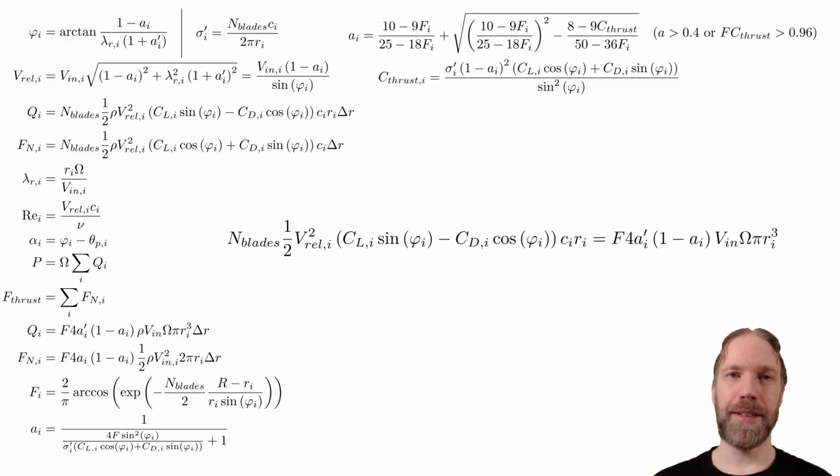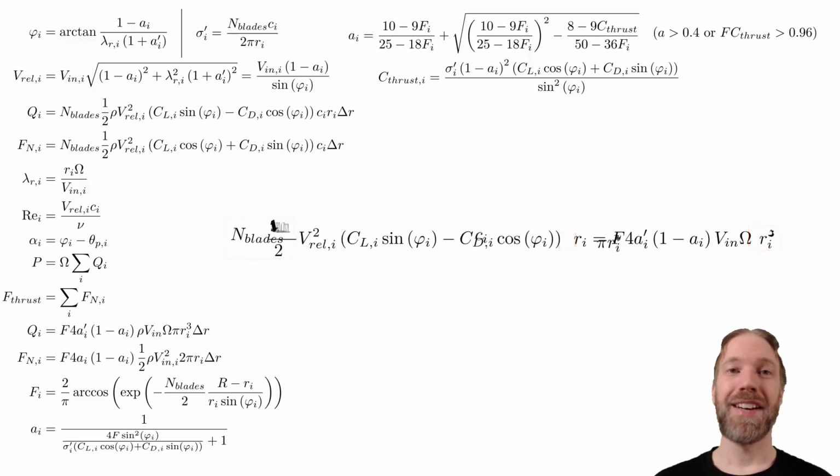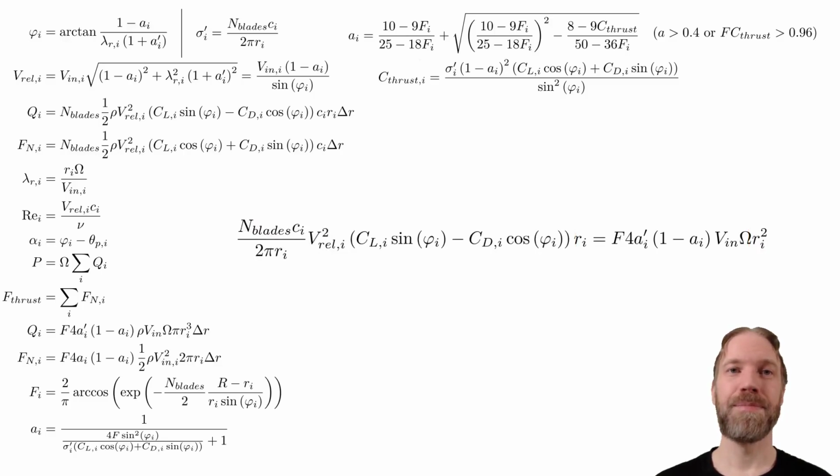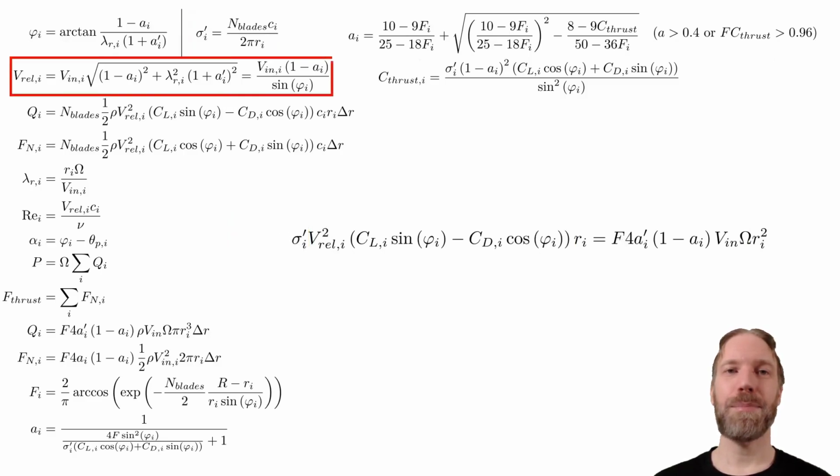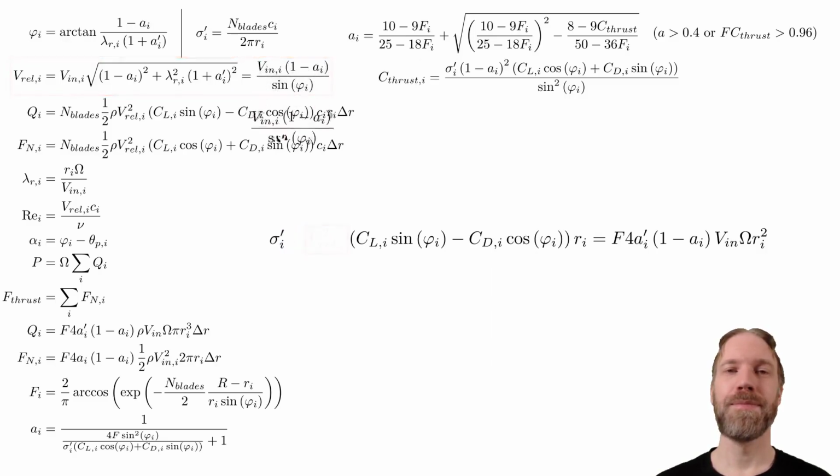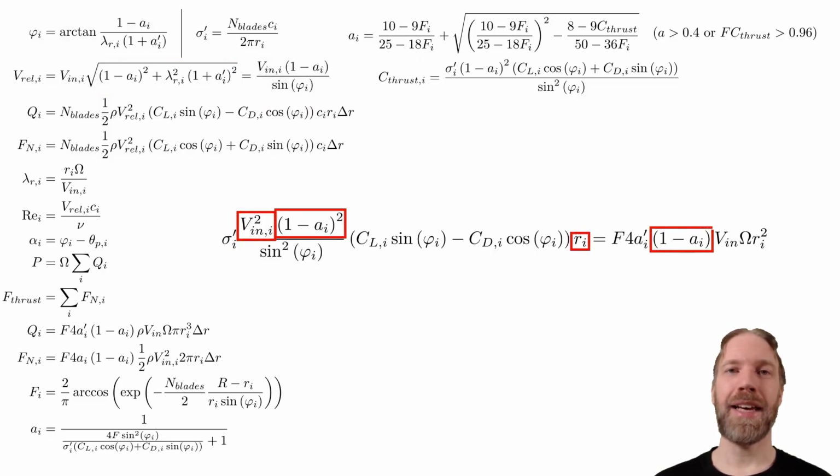Again, we combine these, which is the solidity. Insert expression for the relative wind speed. The velocity, 1 minus a, and r cancel.